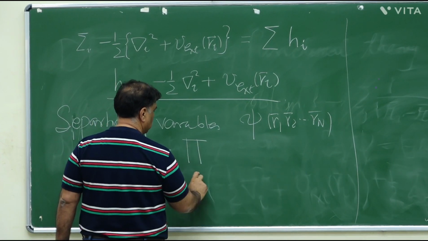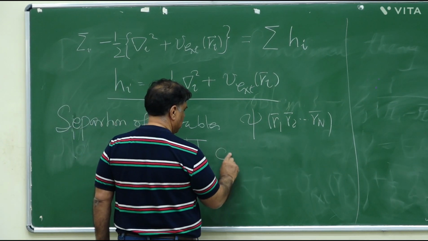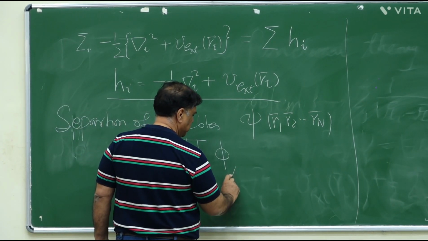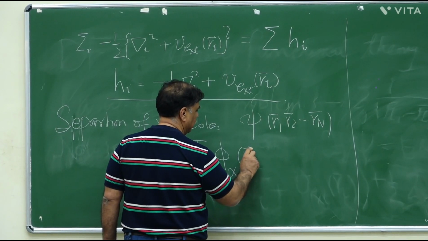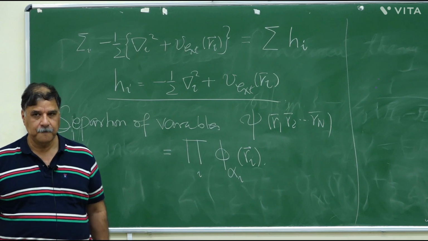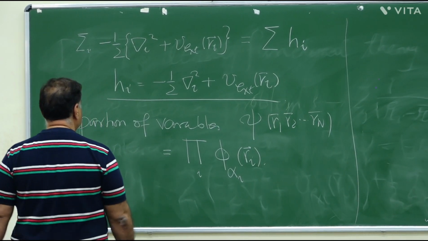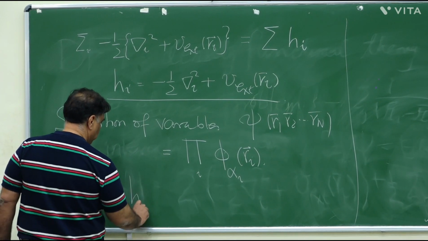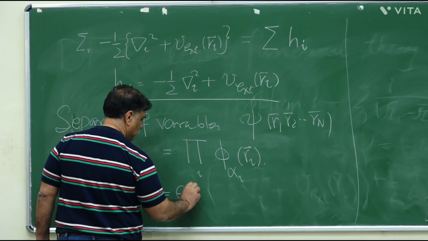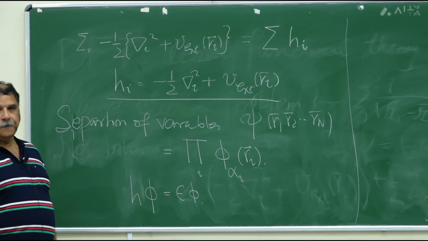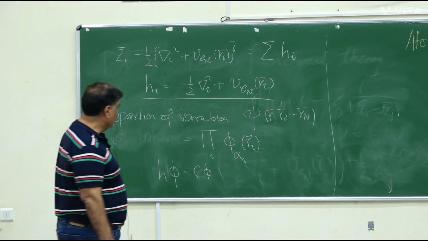Let's use this shorthand: product over i of phi alpha i. Sometimes we write i here and then Ri here, it becomes confusing. And each satisfies the equation H phi equals epsilon phi. Very simple, very straightforward. There's no problem in that.